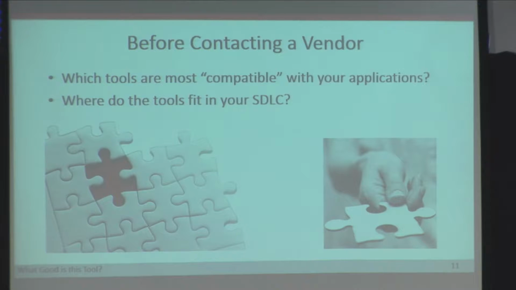So you go to that vendor and say, hey, I'm in the market for a new dynamic analysis tool or a new static analysis tool, or I just need help with my security program. And they come to you and say, oh, we have the answer. It's our tools. Big surprise, right? So first, try to figure out what is the best fit in your organization before going to the big vendors and them selling their own tools to you.